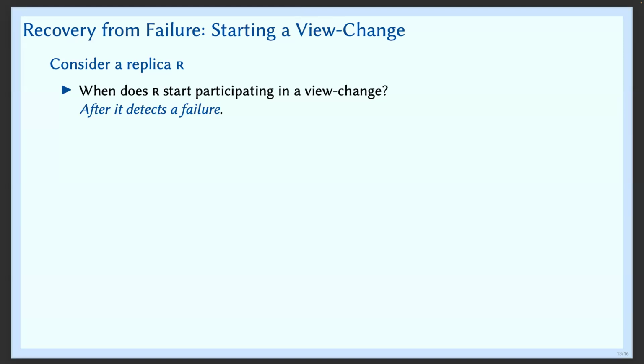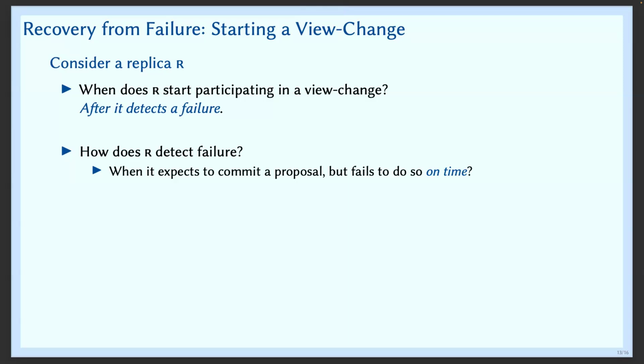What is he going to do? He'll wait for f plus 1 view change messages. Why? Because one might be lying, or both of them could be lying. For example, if the threshold f in this room is 5, they're less than f. So the two of them could even be lying. So he's going to ignore it.